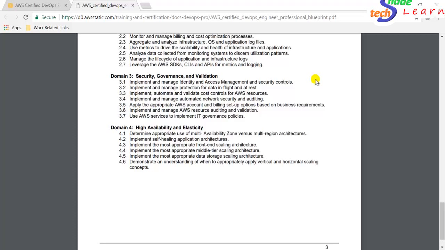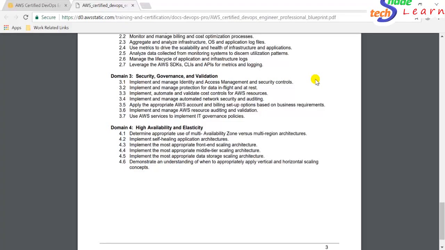Now the fourth domain will be high availability and elasticity. This will include determining appropriate use of multi-availability zone versus multi-region architectures, implementing self-healing application architectures, implementing the most appropriate front end scaling architecture, the most appropriate middle tier scaling architecture, and the most appropriate data storage architecture.